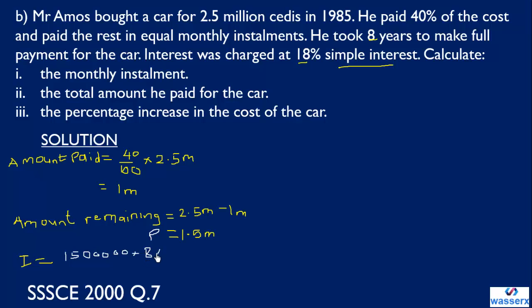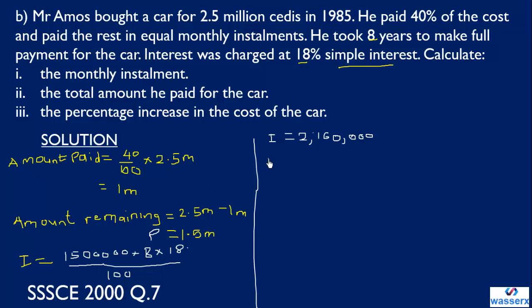So the interest will become 1.5 million times 8 times 18 all over 100. So we simplify this to obtain the interest to be equal to 2,160,000.